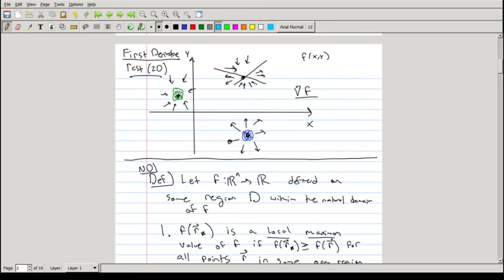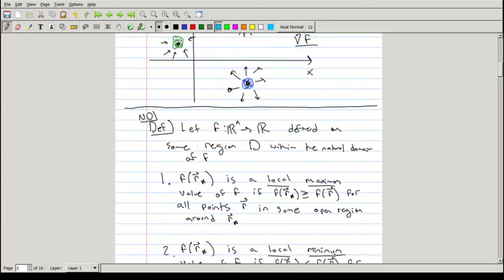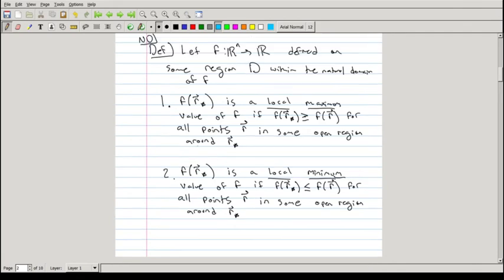So therefore this point is a local minimum. This is why the first derivative test really does classify local minimums, local maximums, and also what we've determined to be saddle points. So we'll define a saddle point right now as well.